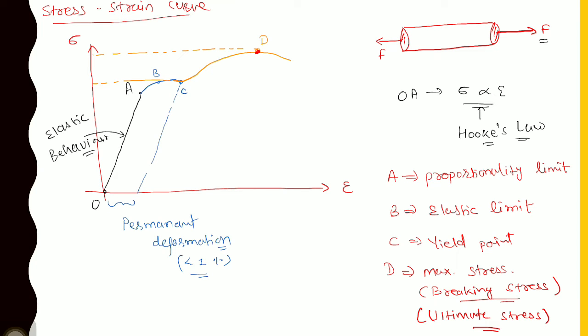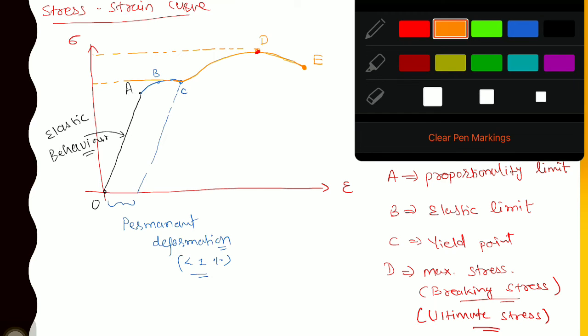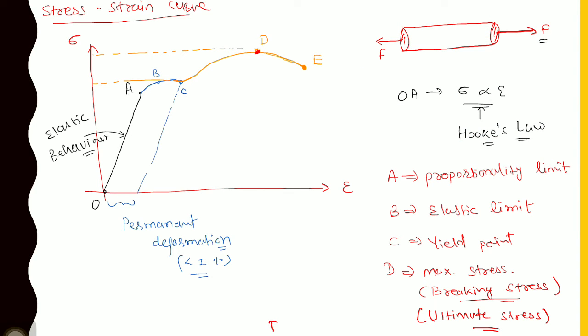After this point the body must break, and if you extend the graph up to this point, then at this point E the body breaks. It means it is the fracture point. This is named the fracture point.